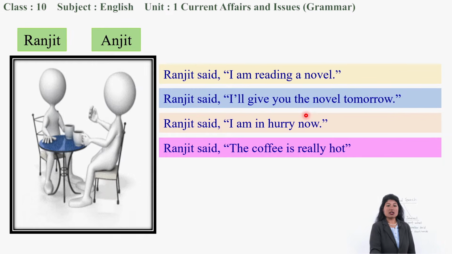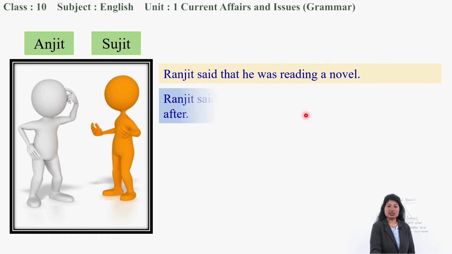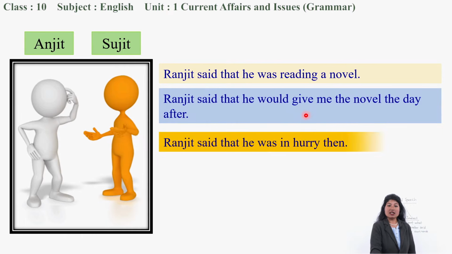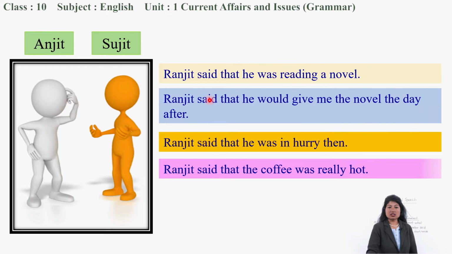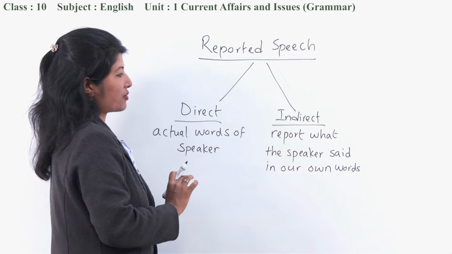But when Anjit went to Sujit and retold these things in his own words, these are the words of Anjit. So this is reported, the indirect way, indirect speech. So direct and indirect is about that.